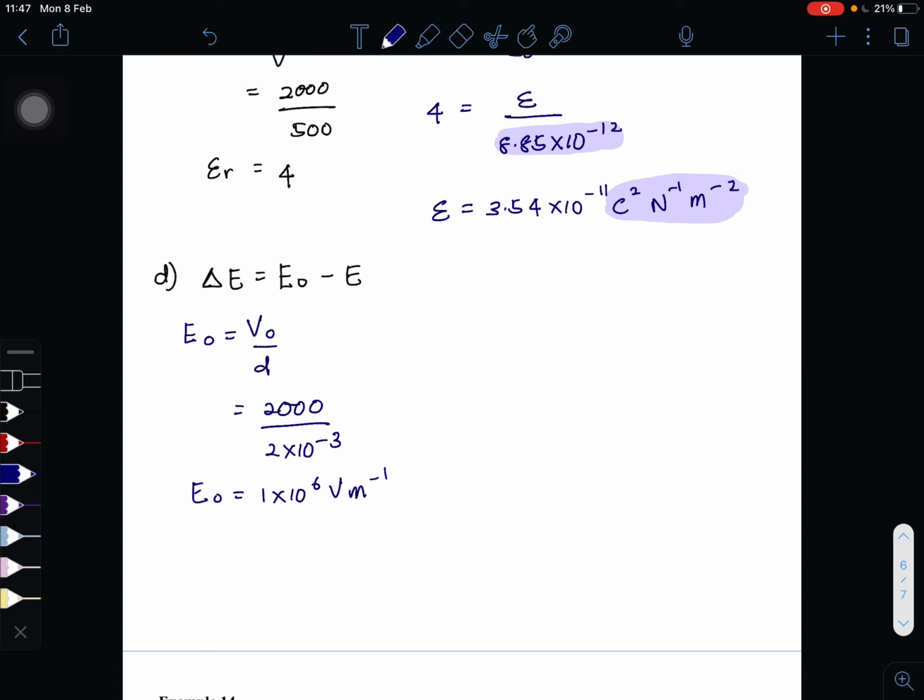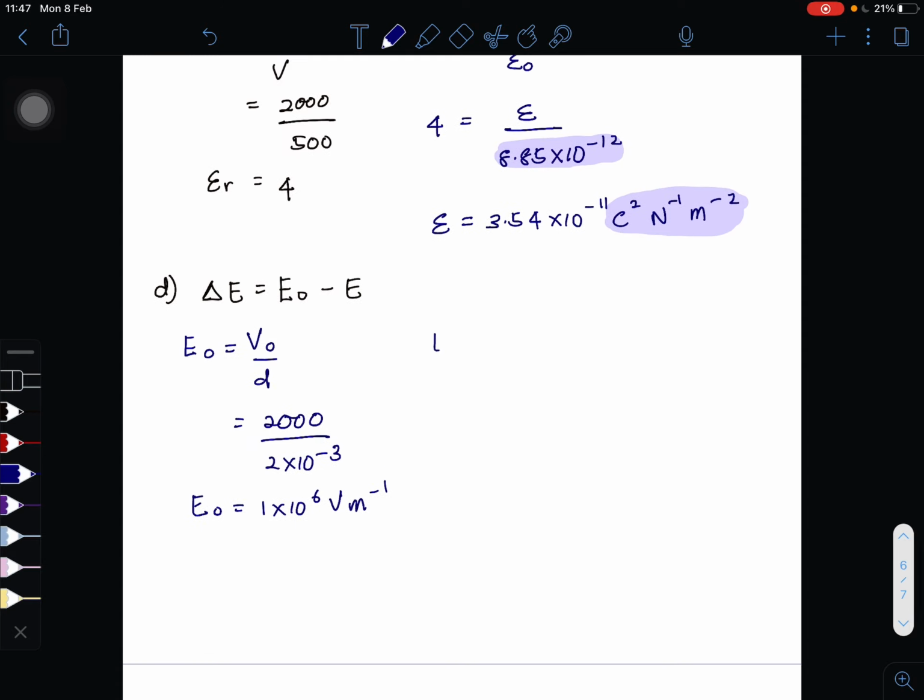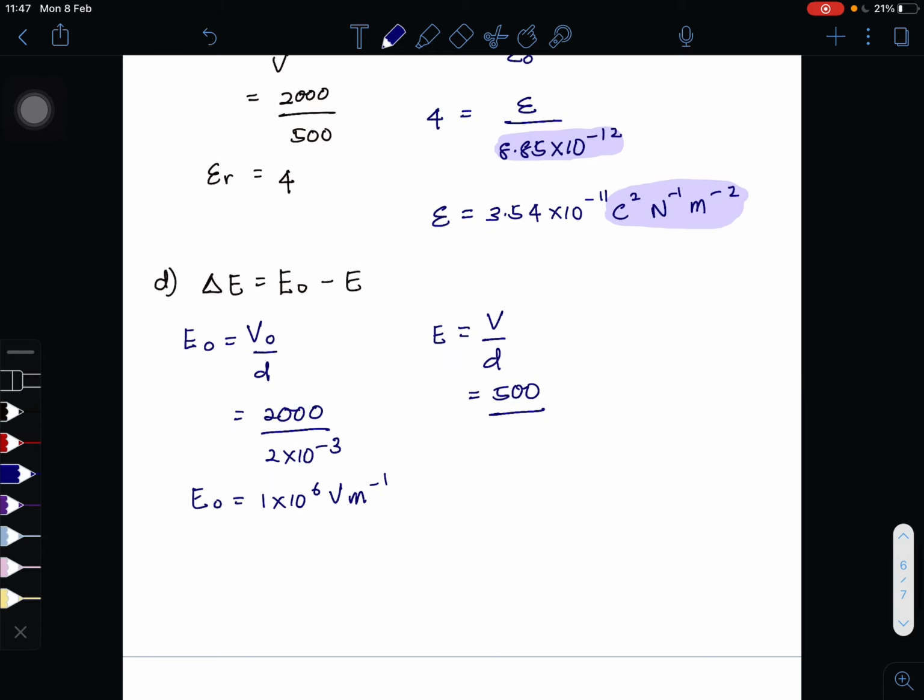And then we can find for the final, V divided by D. V is 500, D is still the same, unchanged. So for final we get 2.5 exponent 5 volt per meter.